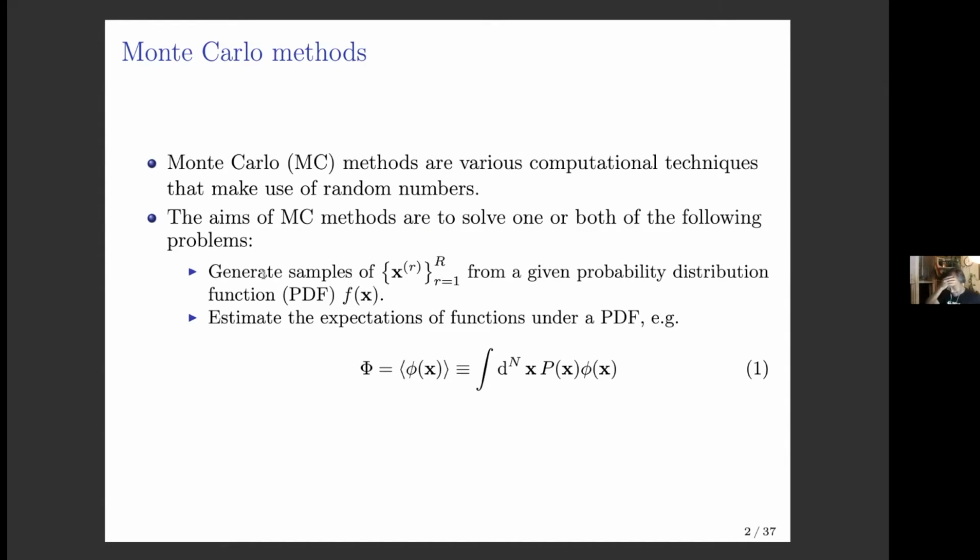So I'm going to talk a little bit more about Monte Carlo methods in general, and not just Markov chain Monte Carlo. MCMC is a subset of the broader term called Monte Carlo methods. Monte Carlo methods are used to make use of random numbers. So it's not only generating random numbers, but also how to use them to do something.